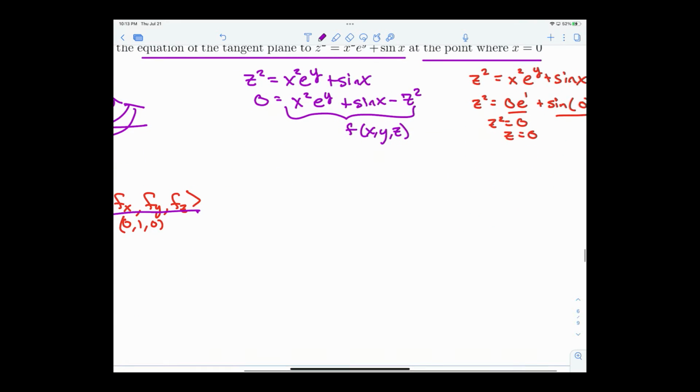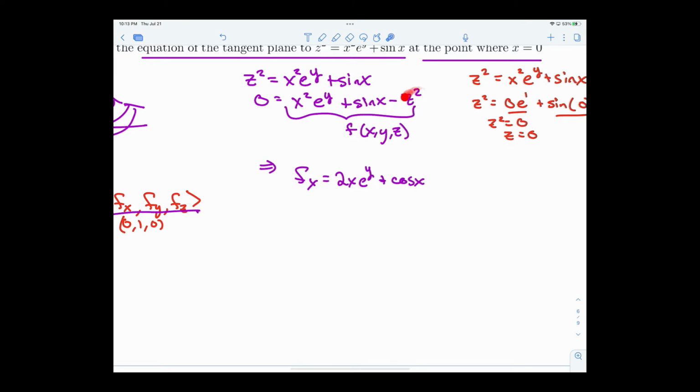Then we need the partial derivatives. fx is the derivative with respect to x. So the partial of x squared e to the y with respect to x is 2x e to the y. The partial of sine x with respect to x is cosine x.